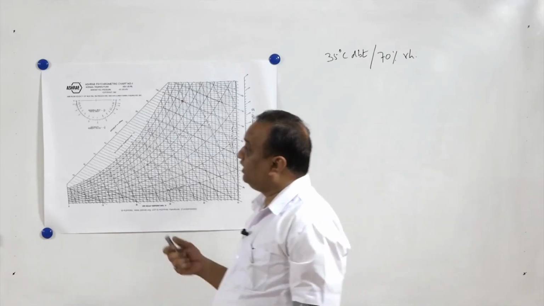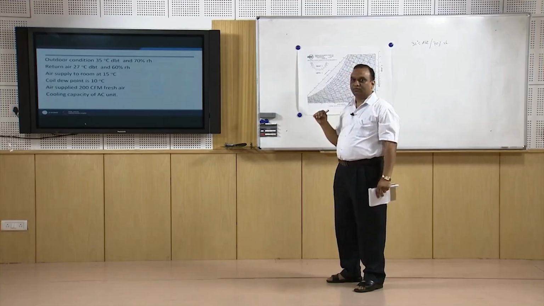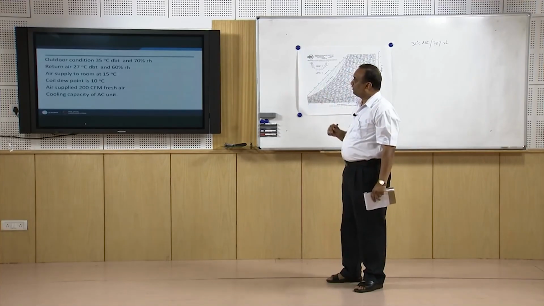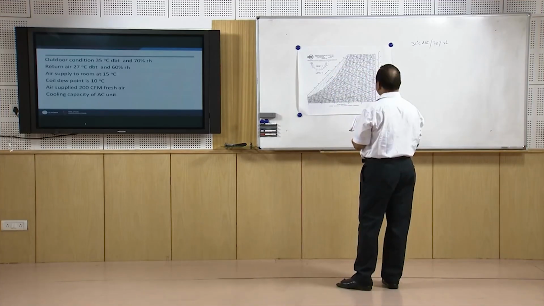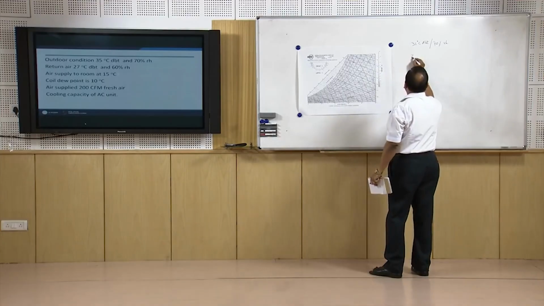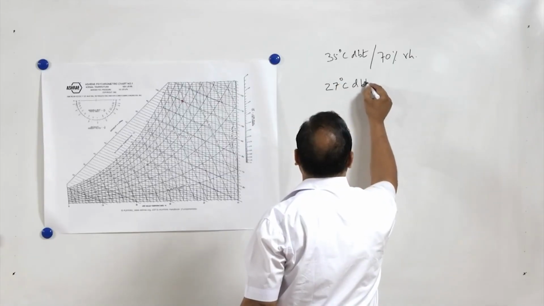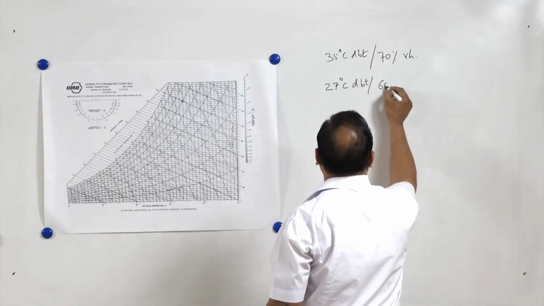And then it says the return air. Return air means after taking heat from the room, air goes back to the AC. So return air is 27 degrees centigrade dry bulb temperature and 60% relative humidity.